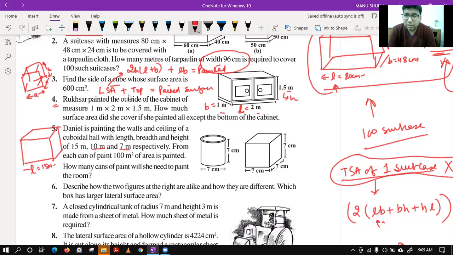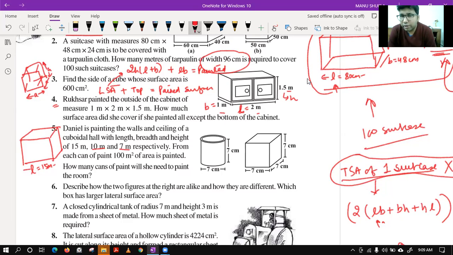Suppose one can of Asian paint will paint 100 meters square, and they are asking you how many such cans she would require. Just tell me the story. What will you write?